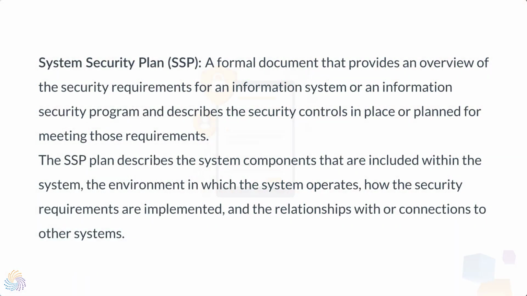So NIST 800-171 has 14 security requirement families that cover various aspects of system security. It also requires non-federal entities to develop a system security plan, an SSP, that describes how they meet each security requirement. So the SSP should also document any planned actions or milestones for addressing any unimplemented requirements. Additionally, non-federal entities should conduct periodic assessments of their systems to ensure compliance with NIST 800-171 requirements.